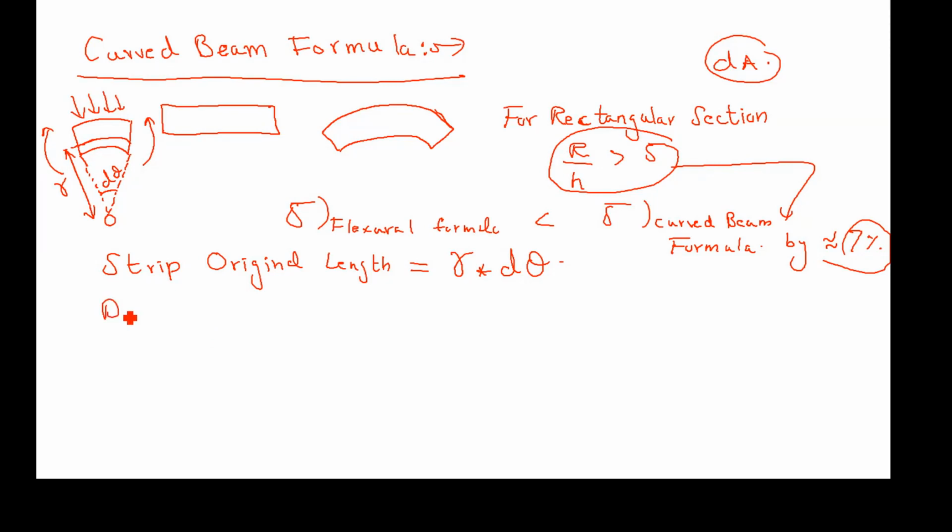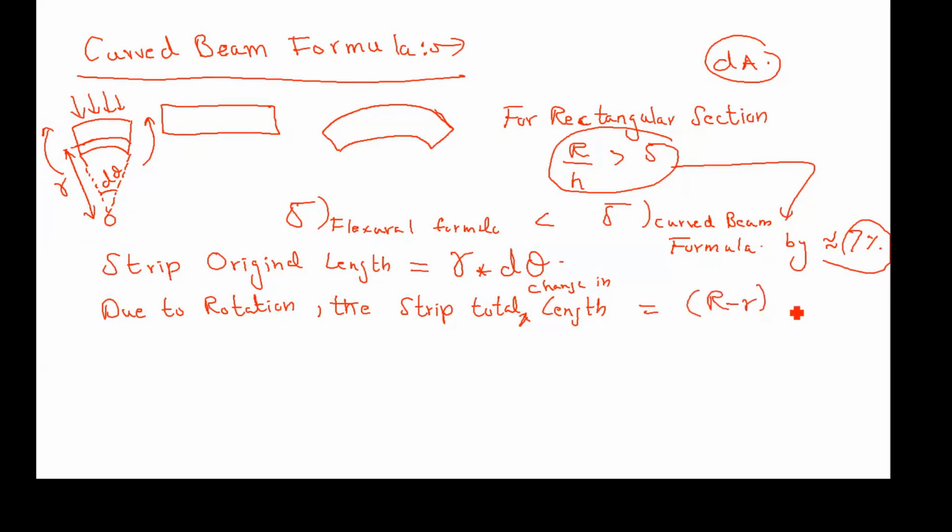So now, due to rotation, the total change in length of the strip is going to be equal to r minus r into change in theta.